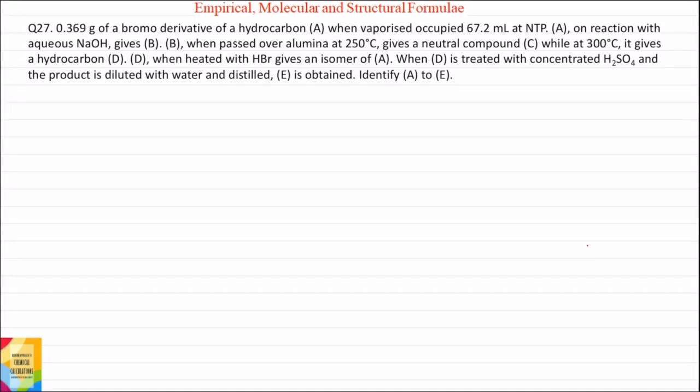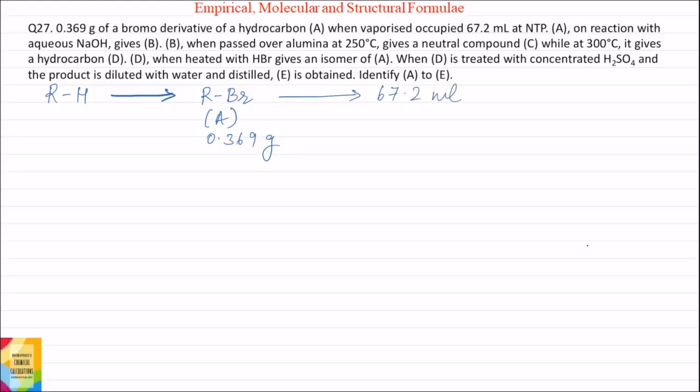Identify A to E. So according to this question, there is a hydrocarbon. Let the formula of the hydrocarbon be RH. Now, this hydrocarbon forms a bromo derivative. Let its formula be RBr, which is called A, and its weight is 0.369 gram. When A is vaporized, it will occupy a volume of 67.2 milliliter.